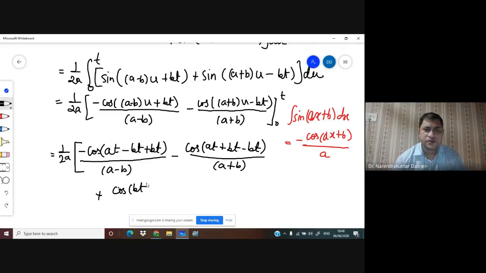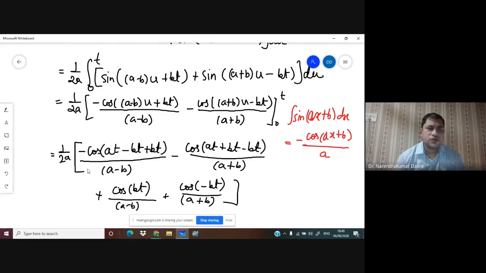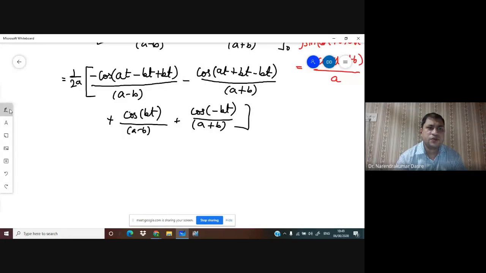Now this term will be bt upon a minus b, and this minus will become plus now. So cos of bt upon a plus b. That's what we'll be having as the term.